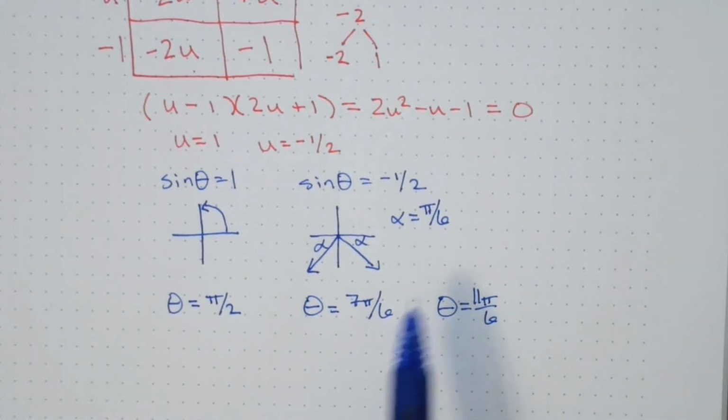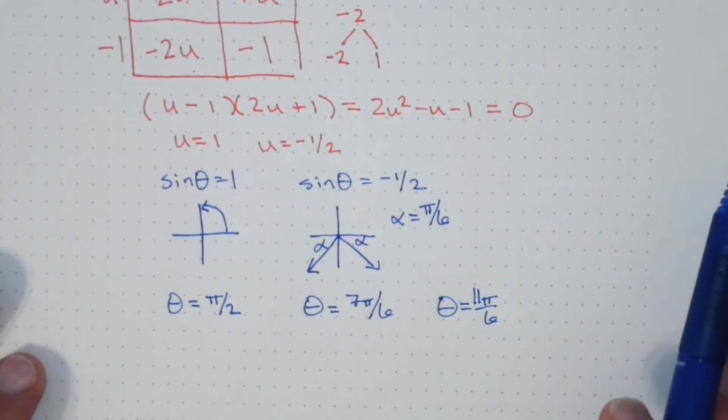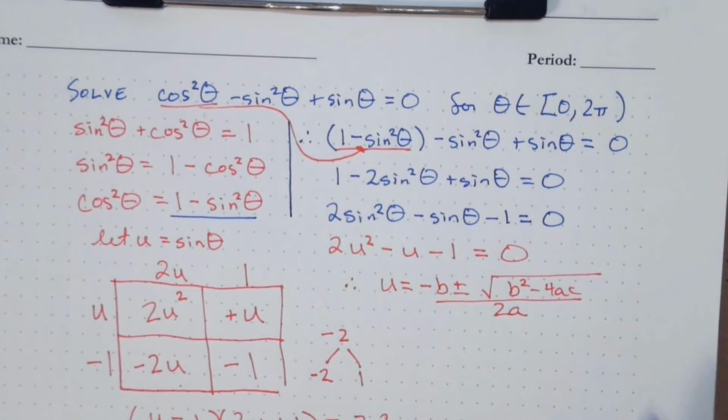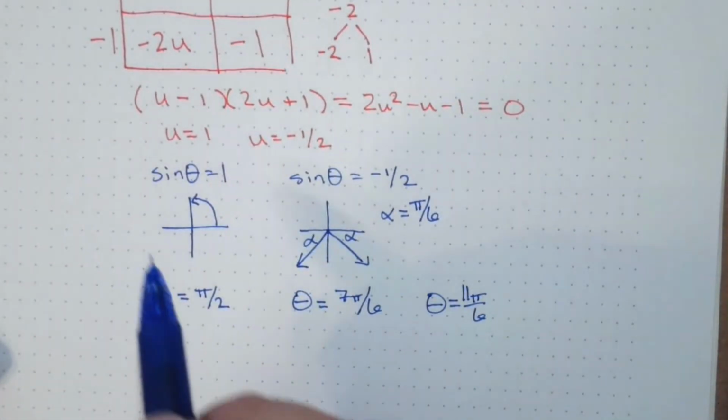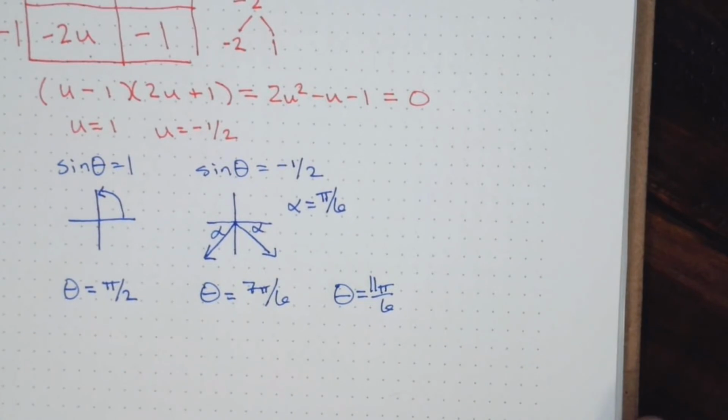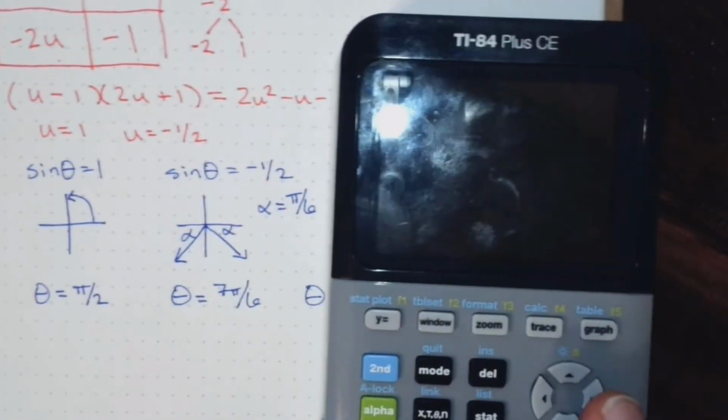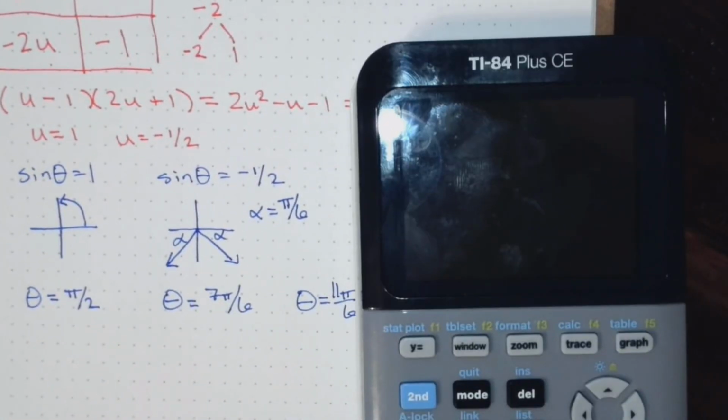And those would be my solutions between 0 and 2 pi, which the original problem asked for, right? What are those solutions between 0 and 2 pi? Okay. Well, let's just double check to see that those solutions are correct, right?